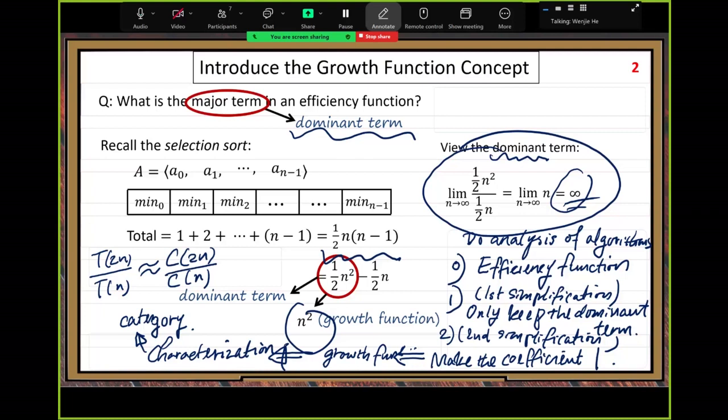Last time, because these two functions have a relationship like this.